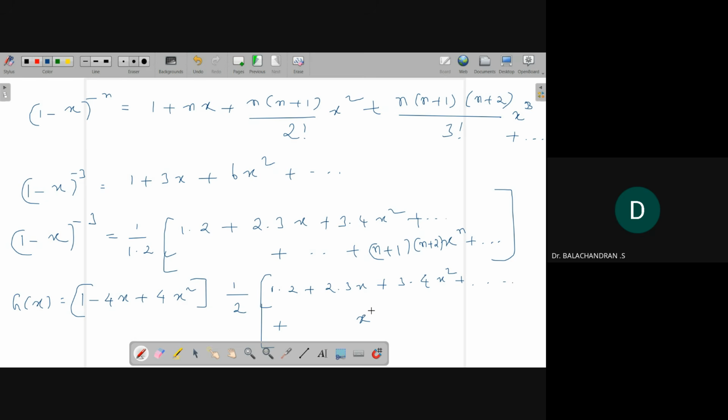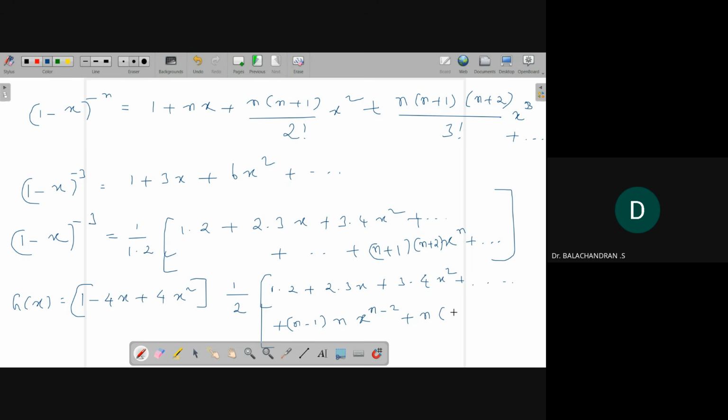If I need x power n minus 2 term, I should add 1, so n minus 1 into n. Why do I need x power n minus 2? Because here I have x square term. If I multiply, then only I get x power n. Similarly, if I have x term, I need x power n minus 1 terms also.